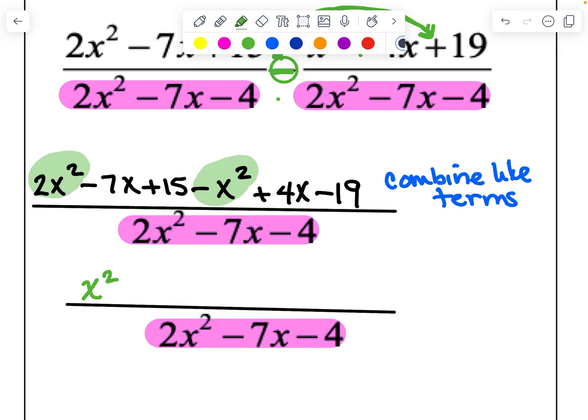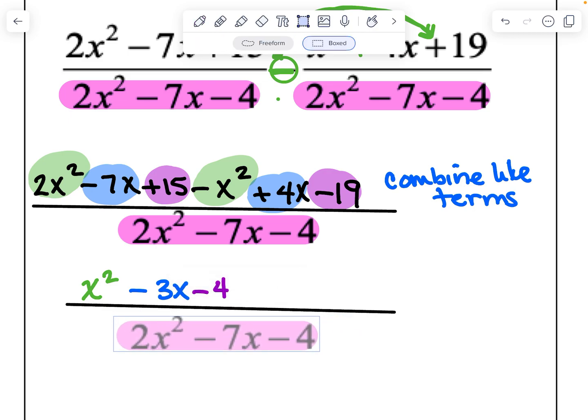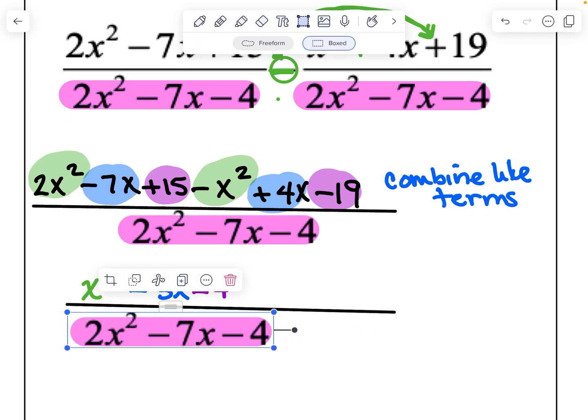We have a minus 7x and a 4x, which is a minus 3x. And we have a 15 minus 19, which is a negative 4. So we have this.